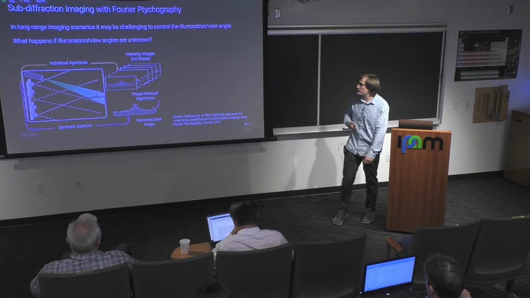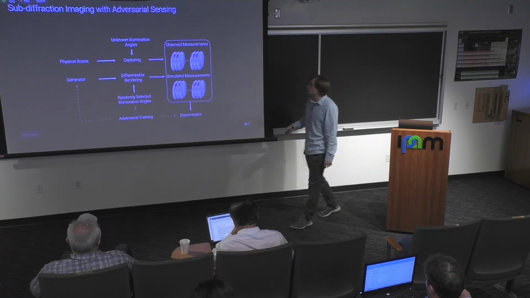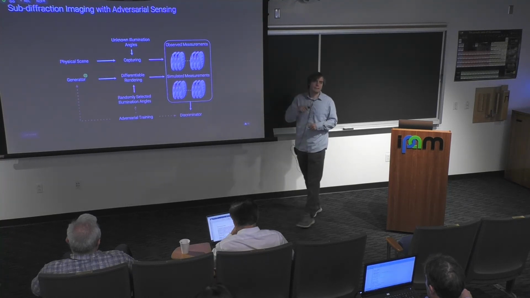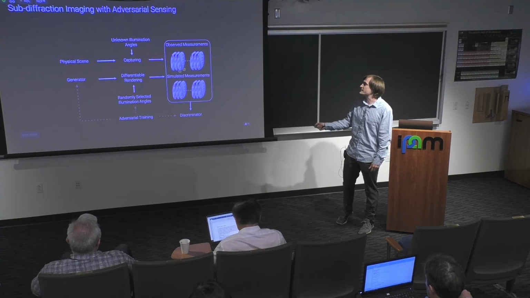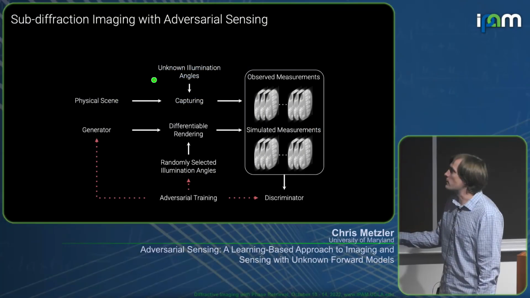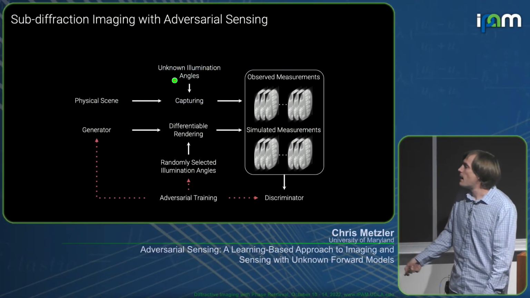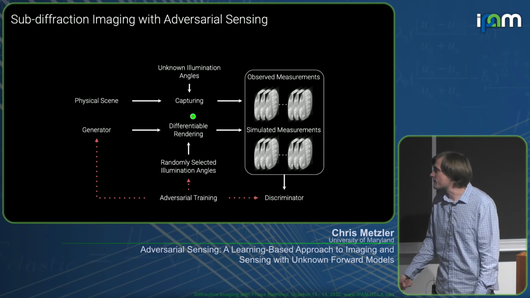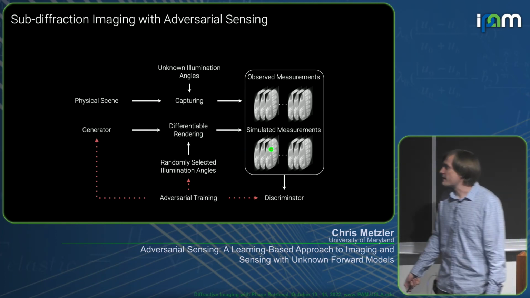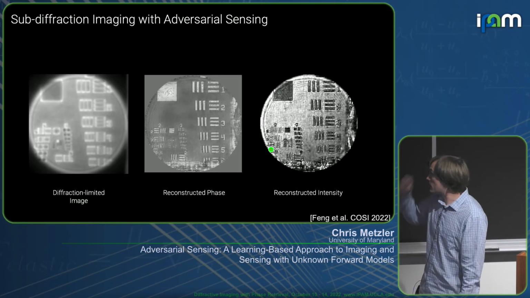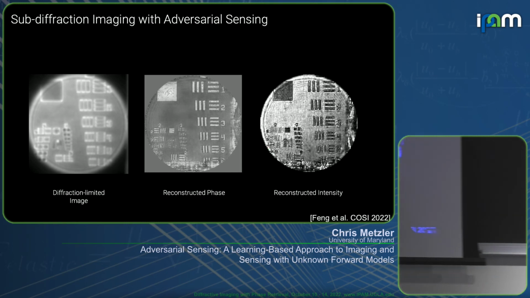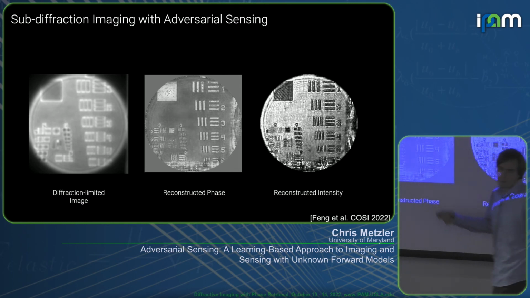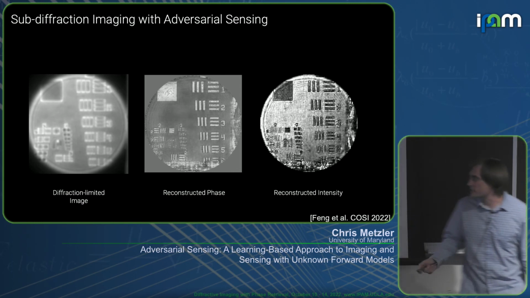We're just given the sequence of images, and here again you can essentially plug and chug with the adversarial sensing framework, where you give it the sequence of observations with the unknown illumination angles, apply the differentiable rendering engine, get these two to match, and apply it to experimental data from Ashok's group. We see that using this framework, we can successfully reconstruct far past the diffraction limit.